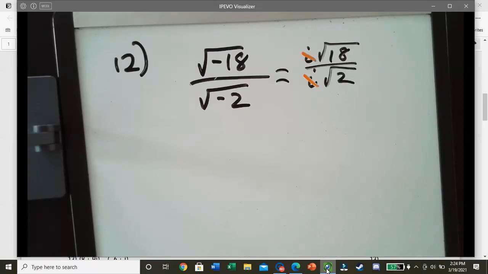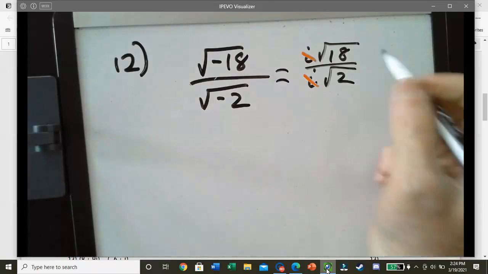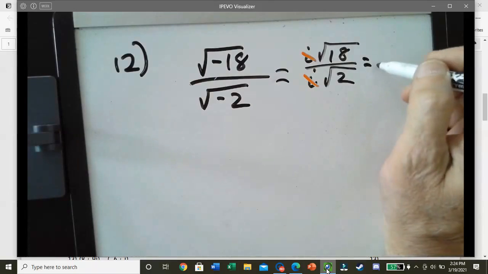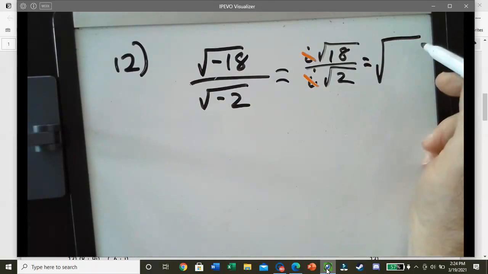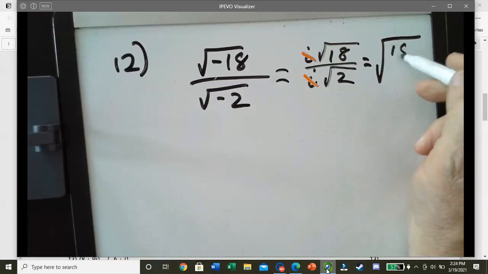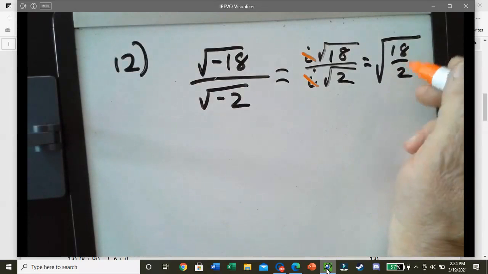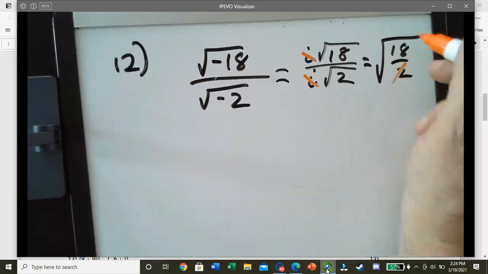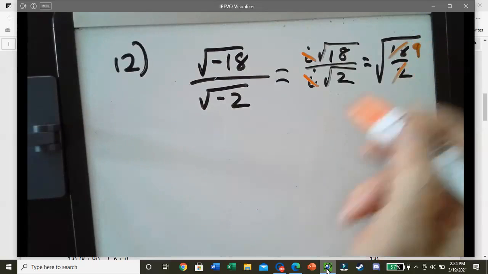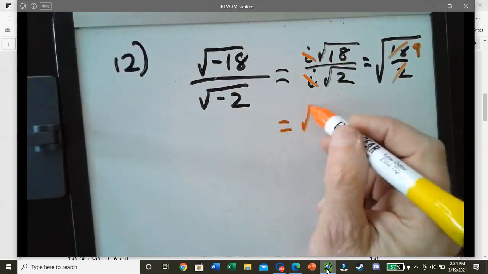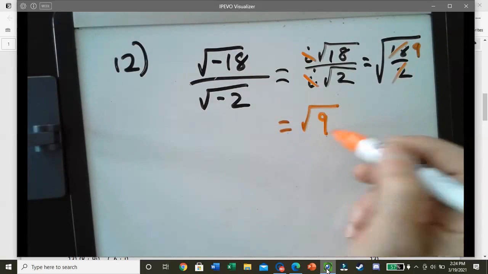That's the only one. You can't take nothing over nothing and get something, right? All right. So from here, we can make this all one big radical and combine 18 over 2. And let's see, can we cancel 2 and 18? 2 can go in 18 how many times? 9.